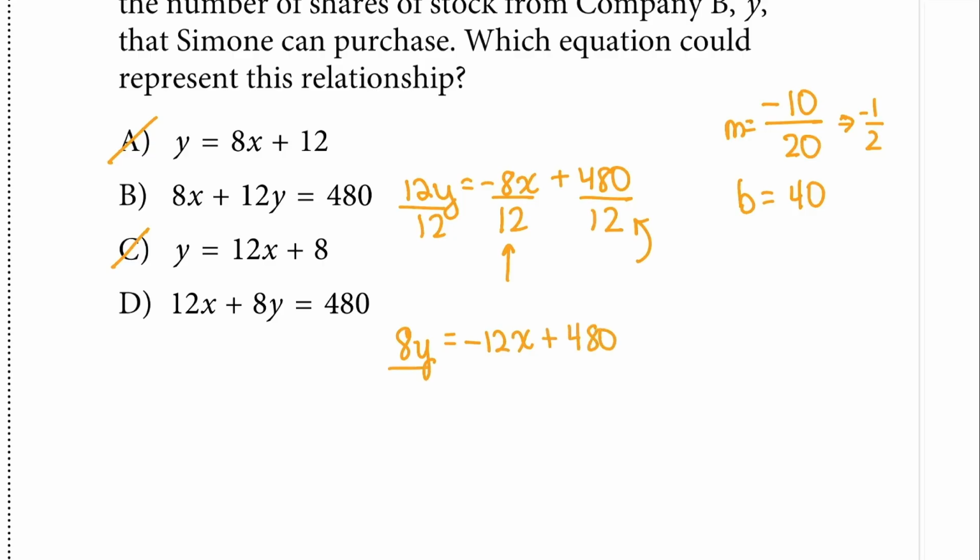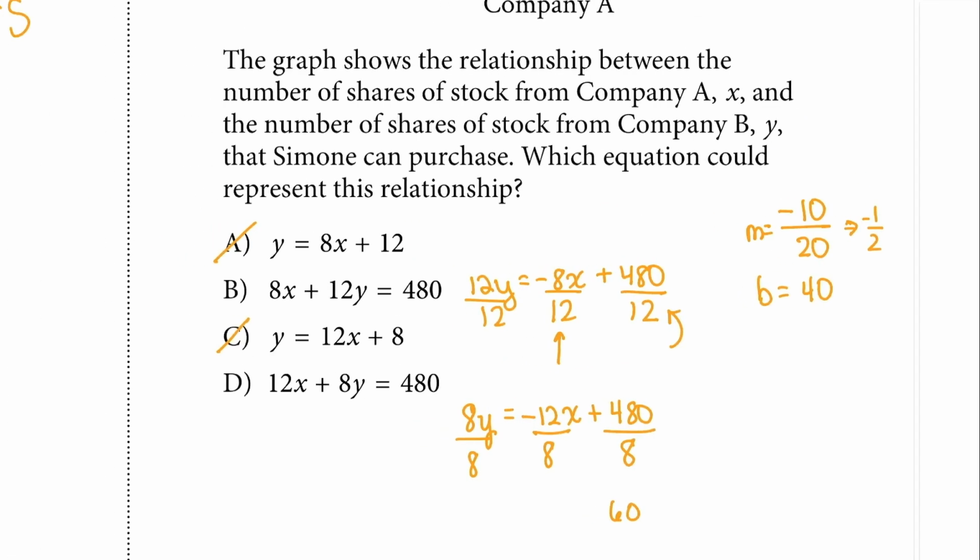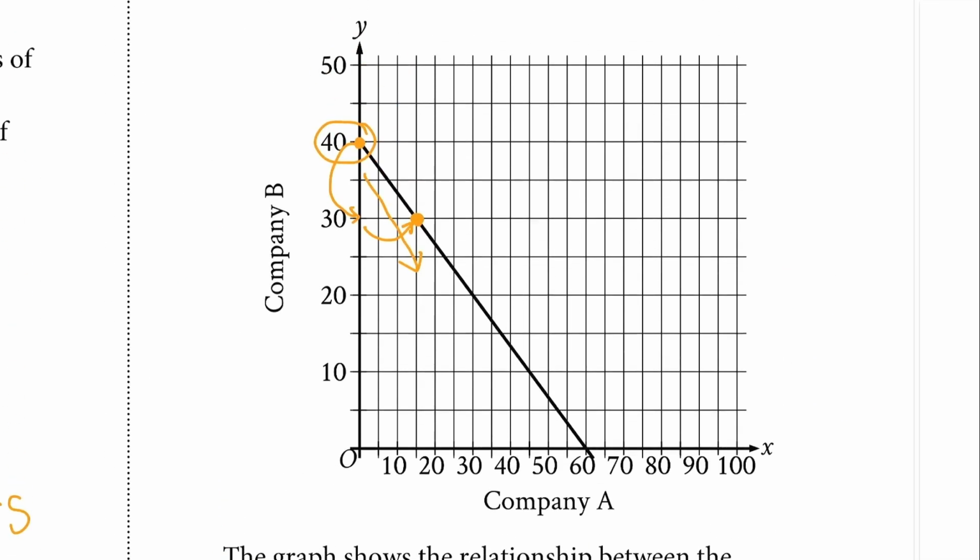We've got to divide by 8. So this is actually going to be a 60 here. So maybe I got my slope wrong. Down 10 over, oh, I did. This is 15.